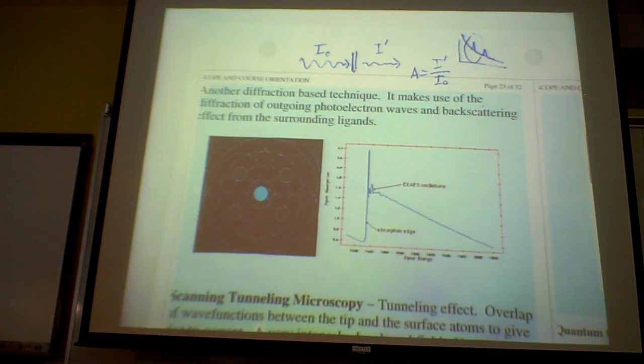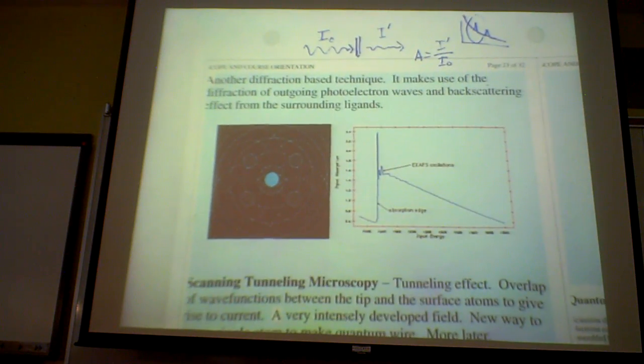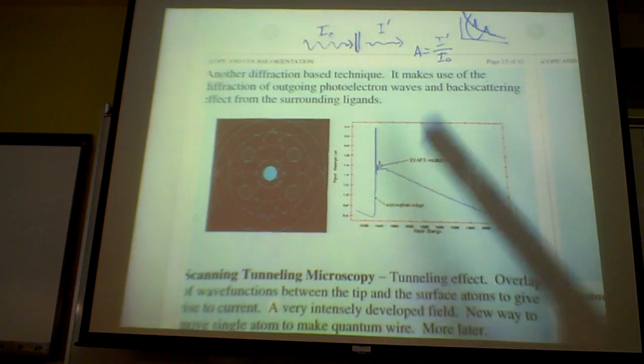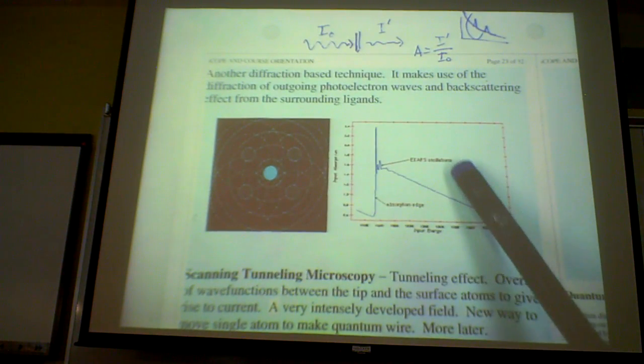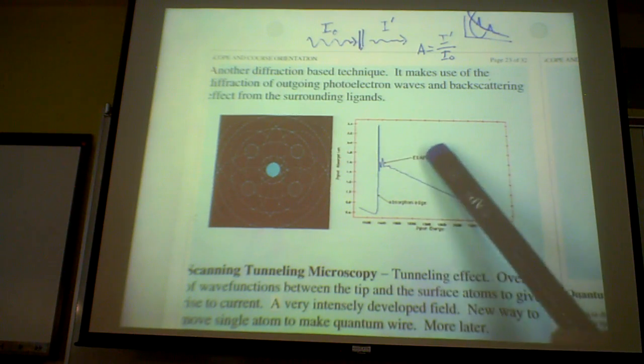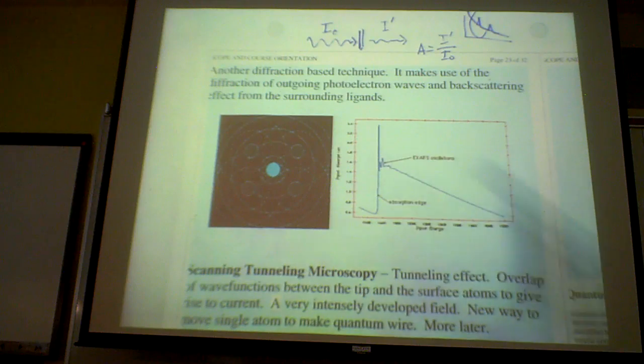One of our colleagues, inorganic nano colleague, Eric Bose, was teaching a course, I think last term, on XAFS, precisely using this X-ray absorption technique to examine different types of material, both bulk and surface-related material.